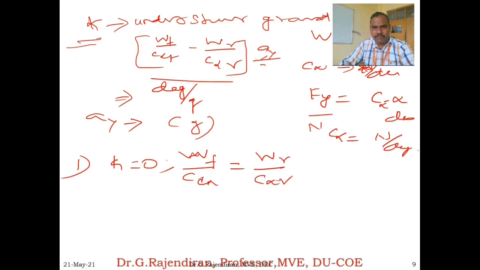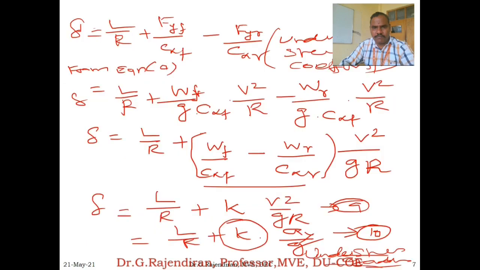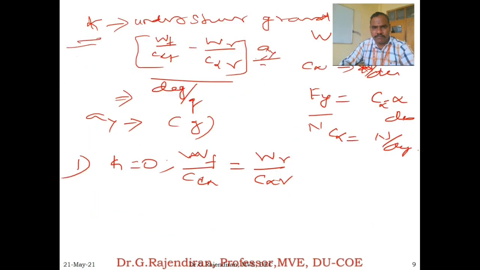When K is equal to 0. So, what is WF? Again we come. What is C alpha F? Alpha F is equal to FYF divided by C alpha F. Correct?